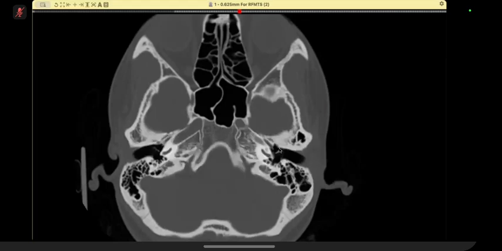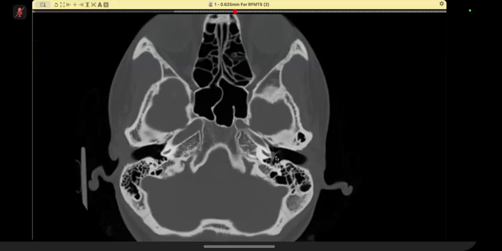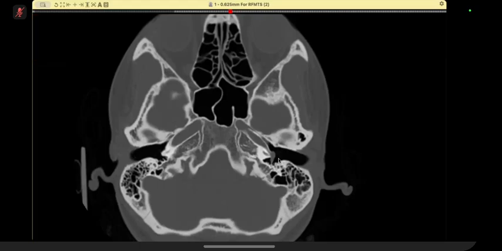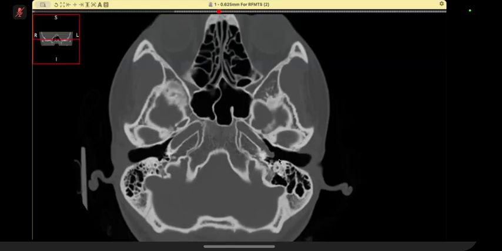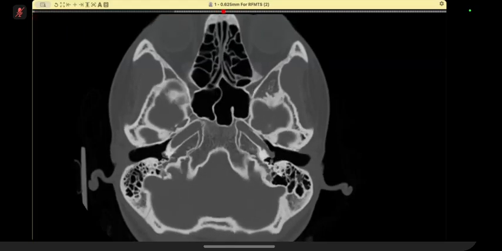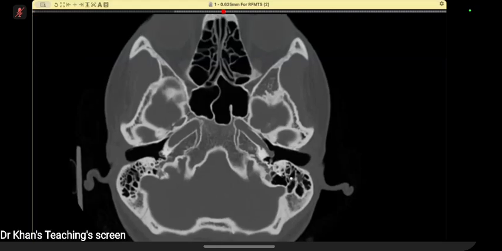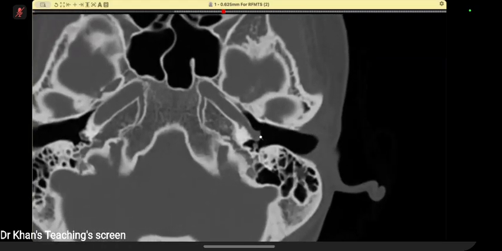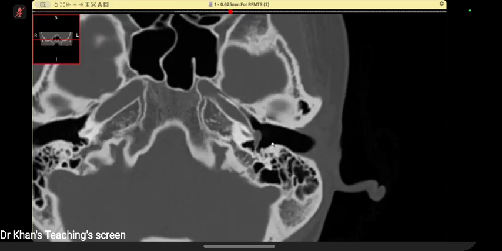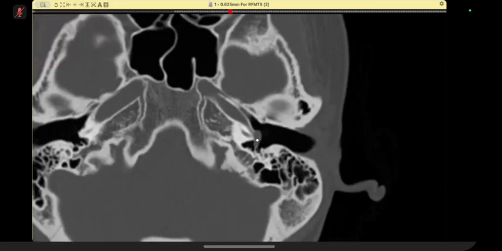So the tympanic membrane must be sitting here. We cannot see it on this bone window. As I'm going inferiorly into the mesotympanum, I can see some soft tissue here, and this soft tissue extends posteriorly like this.